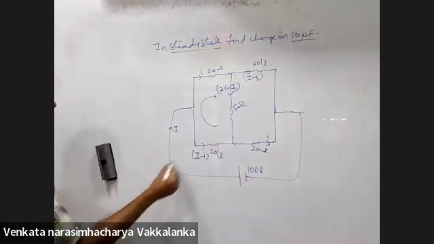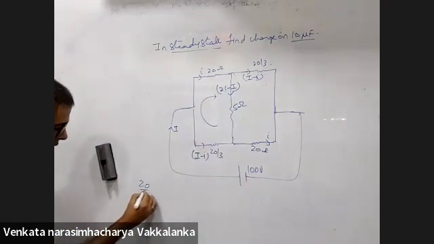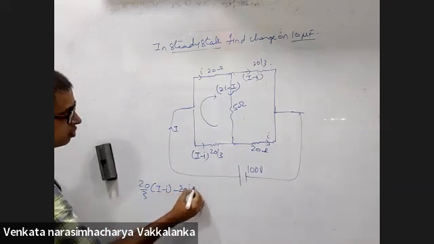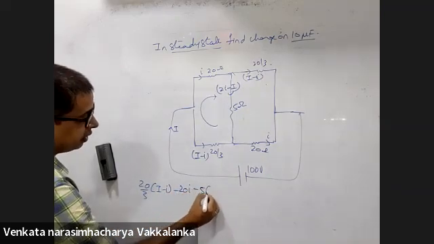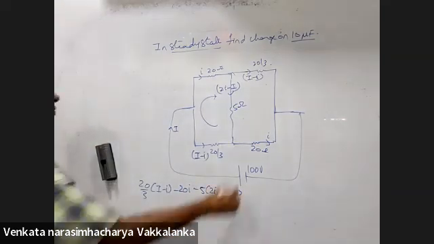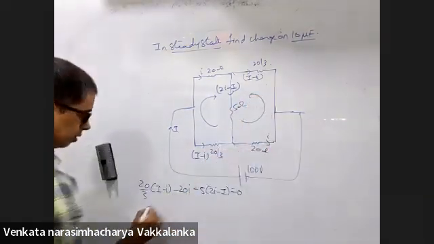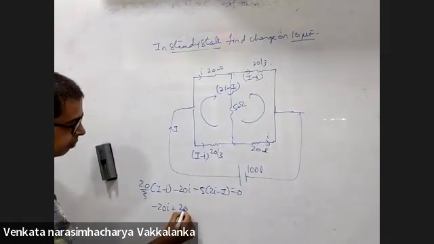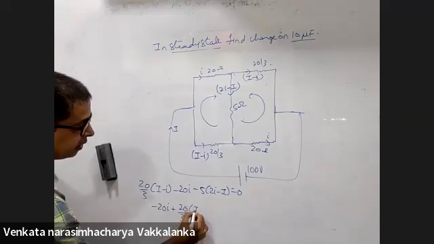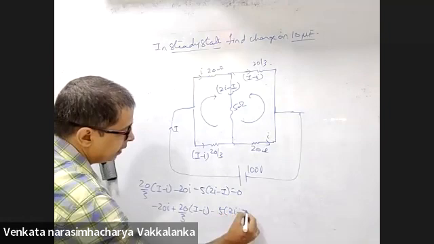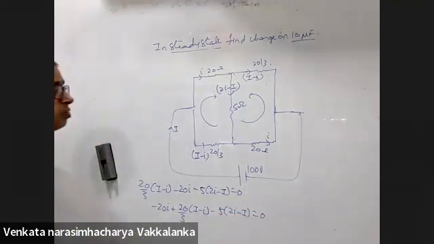Apply KVL to this loop. 20 by 3 into (I minus i) minus 20i minus 5 into (2i minus I) is 0. Minus 20i plus 20 by 3 into (I minus i) minus 5 into (2i minus I) is 0.